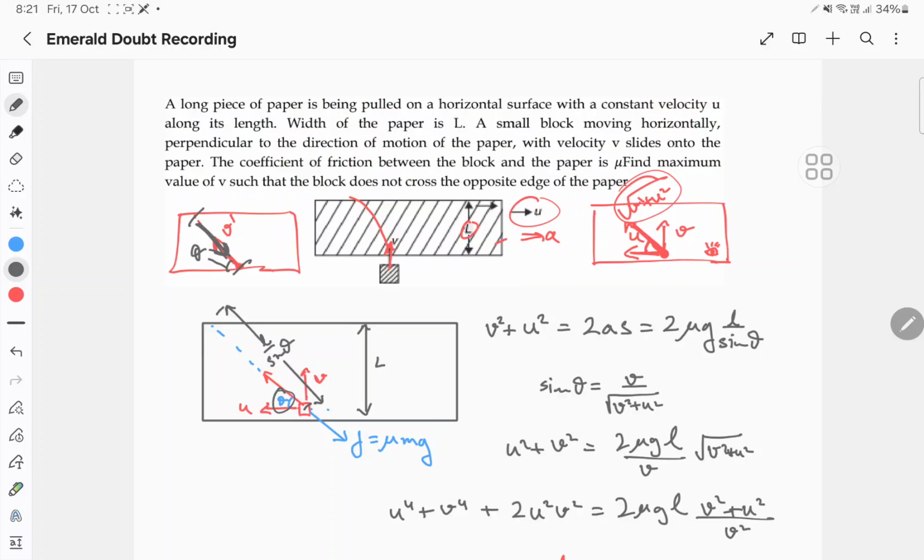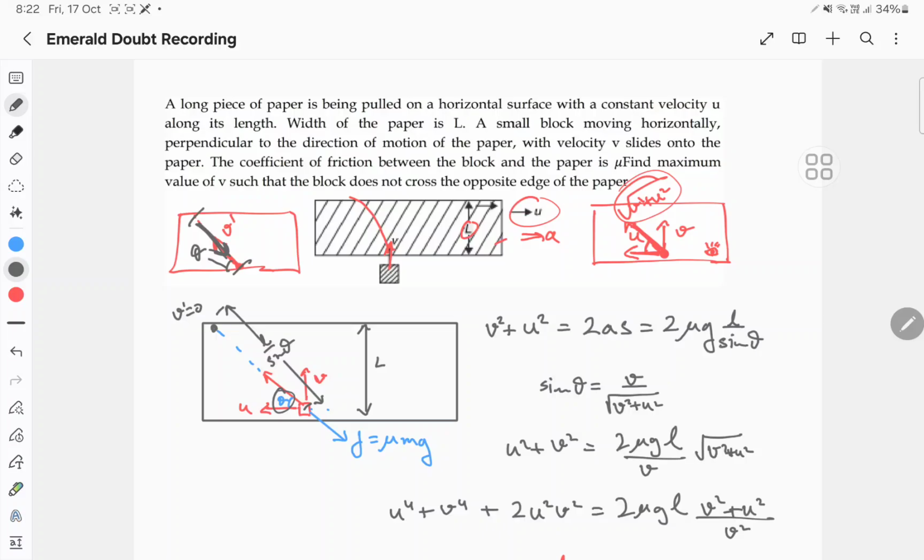The angle theta: sine theta is going to be given by v upon square root of v square plus u square. The total length it is going to travel is L by sine theta, and ultimately when it reaches over here, with respect to the paper its velocity is going to become 0.